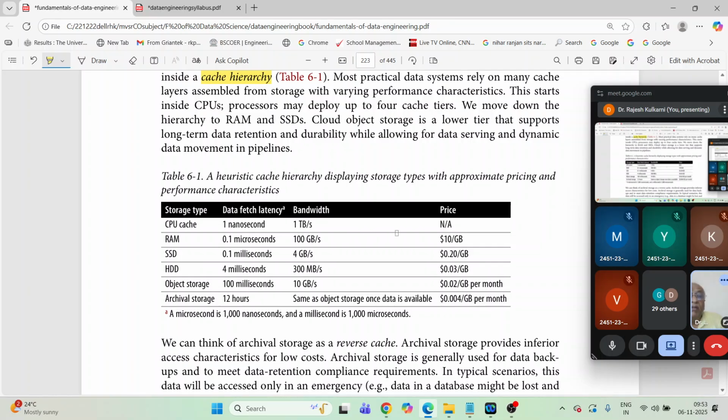Let us ignore the pricing aspect, but you can focus on the fetch latency and the bandwidth. If it is CPU cache, 1 nanosecond and the bandwidth is 1 TB per second. If it is RAM, it is 0.1 microseconds and 100 Tbps. Similarly, you have data fetch latency and bandwidth of SSDs, hard disk drives, object storage and archival storage, right?